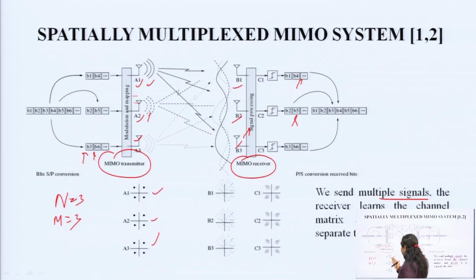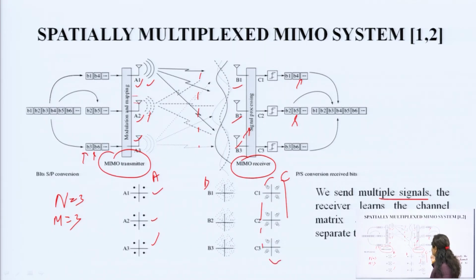This is the constellation diagram at this point A1, this is the constellation diagram at B, this is the constellation diagram at C. So, A means for the particular transmitter A1, this is for transmitter A2, this is for transmitter A3. It has followed either ASK, FSK or BPSK technique. Large number of points are there because it is going to receive the signals from multiple paths, and here it will be correlated, meaning these are segregated ones. So, this is how the spatially multiplexed MIMO system looks like.